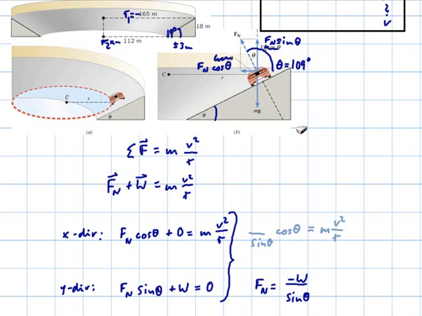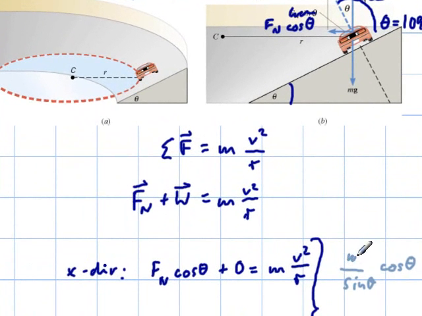The weight itself is mass times gravity. I'm sorry, negative mass times gravity. And with that negative negative in front of it, these two negatives will actually cancel out.